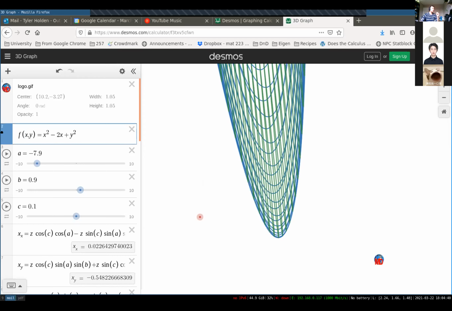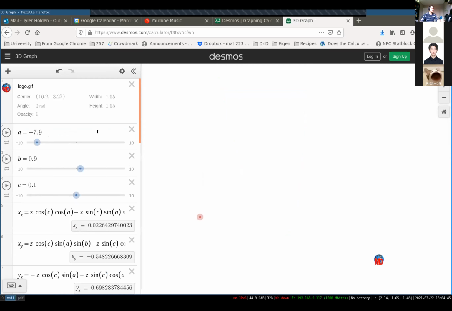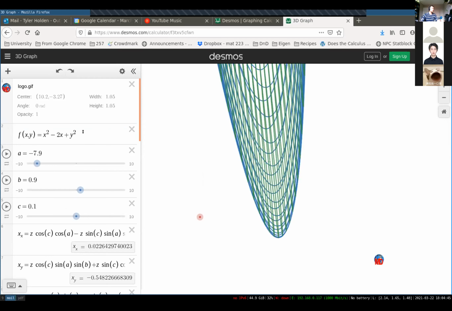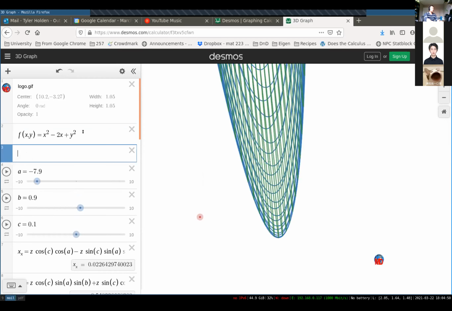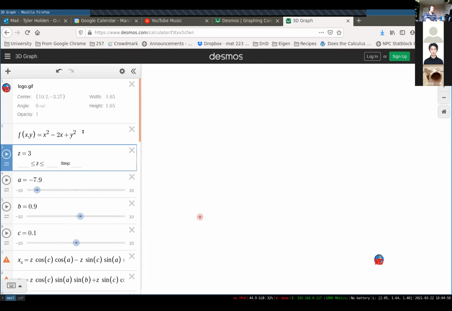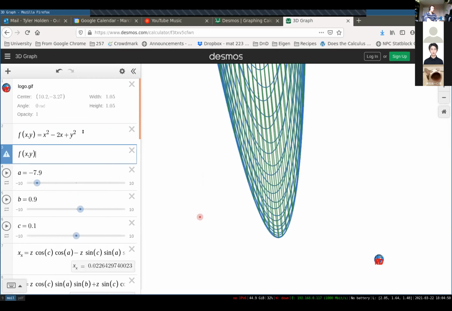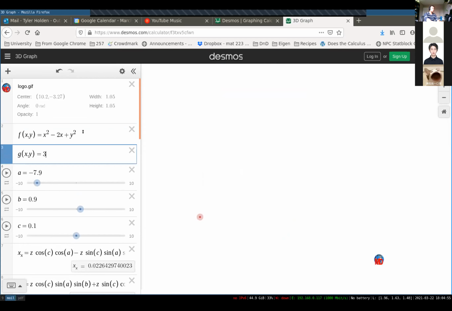I don't know if I'm going to be able to add that. Oh, no, that was literally not what I wanted to do. Okay, good. I wonder if it'll let me add. No, it just has no idea what I'm asking. Maybe let me plot just g of x, y equals 3. No, Desmos hates me.